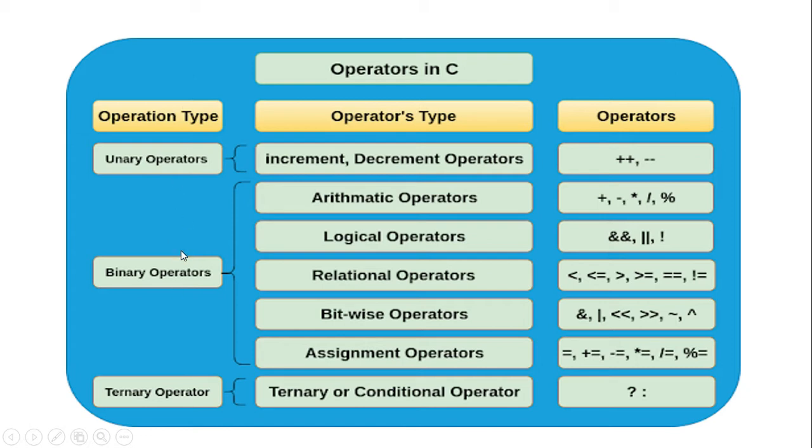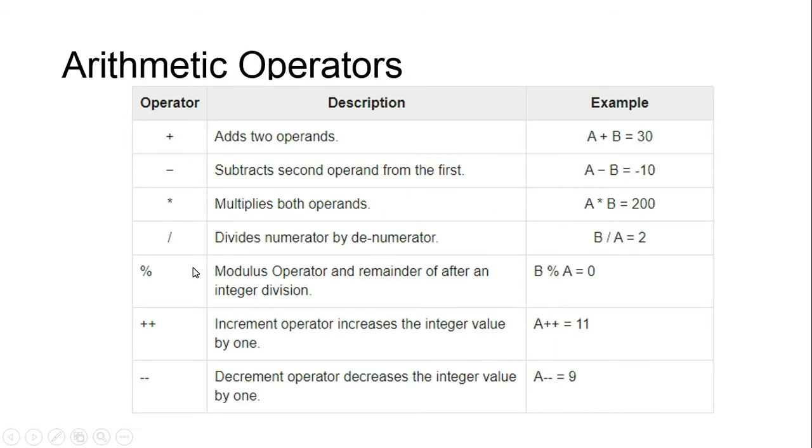For example, a value equal to 10. If I write a plus plus, it will increment by 1. A minus minus will decrement by 1. With a equal to 10, a plus plus gives 11, and a minus minus gives 9. So these are the arithmetic operators.